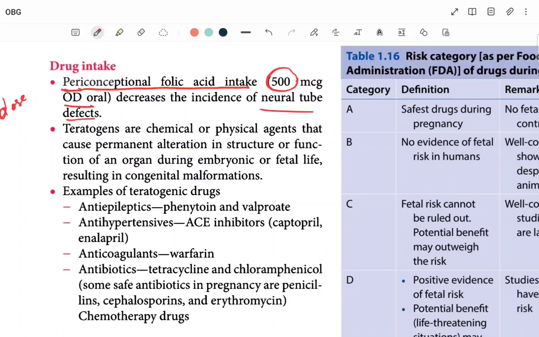Teratogens are chemicals or physical agents that cause permanent alteration in structure or function of an organ during embryonic or fetal life, resulting in congenital malformations.